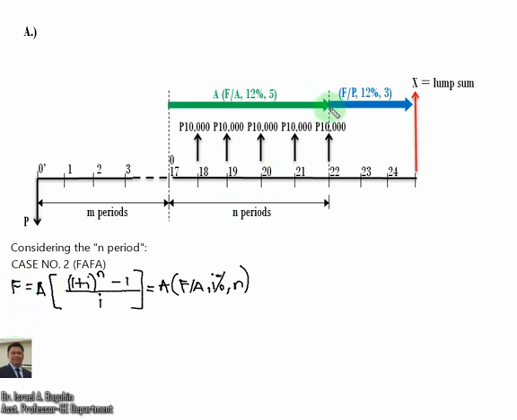If we consider this point as point 1, we'll assign this point here as our point 1. So in calculating the future amount at point 1, we can designate this as F1.